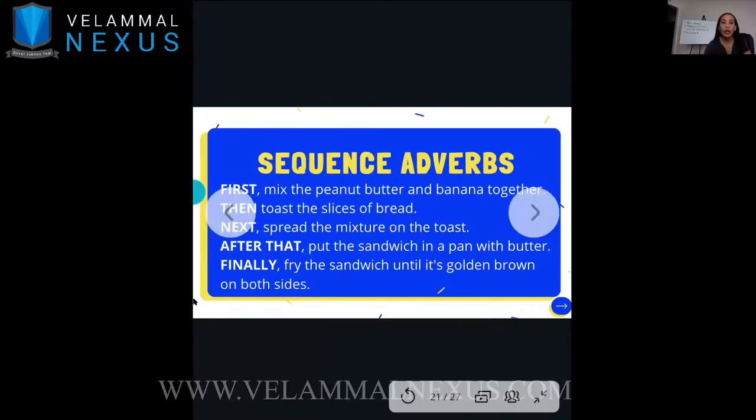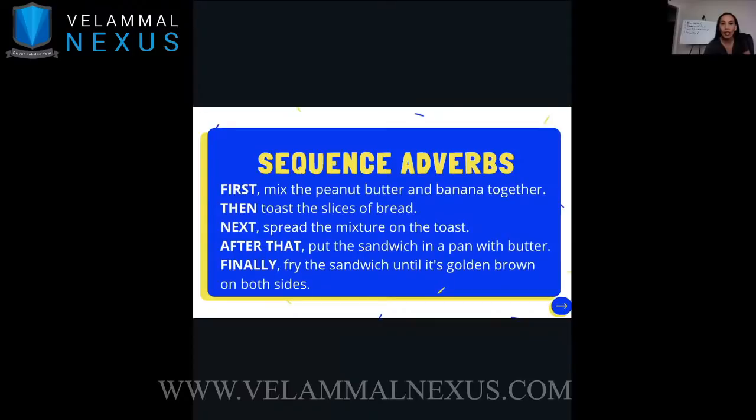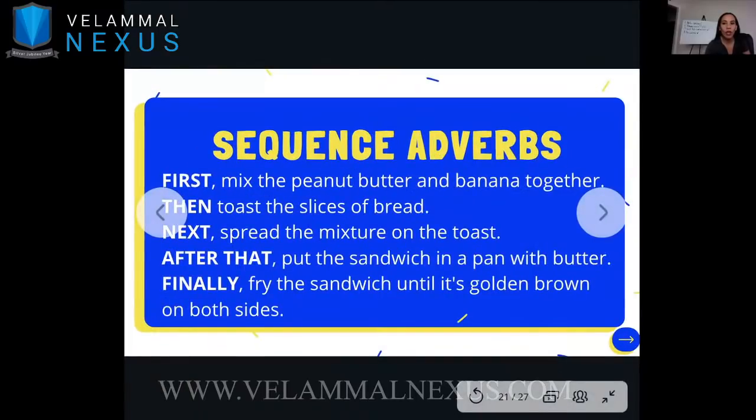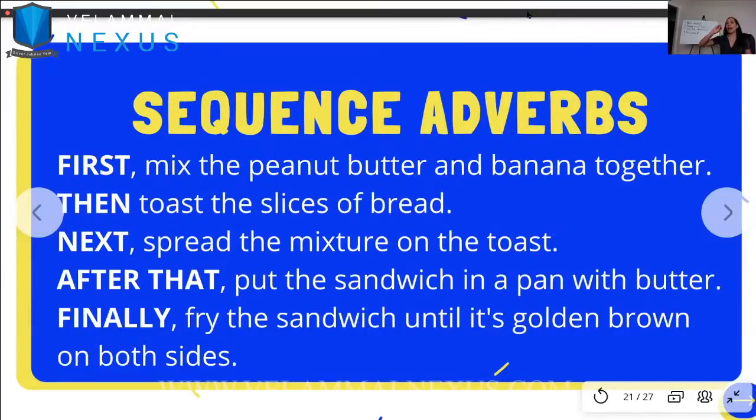However, you do have to take into account that first and finally cannot be moved. So first is always going to be the first one, number one, and finally is always going to be the last one. Those two you cannot move.